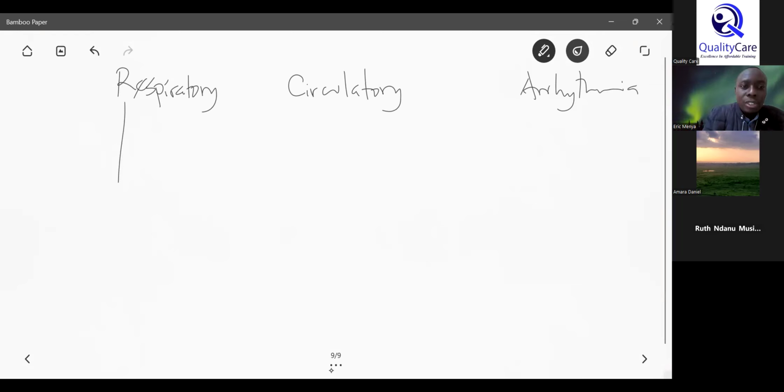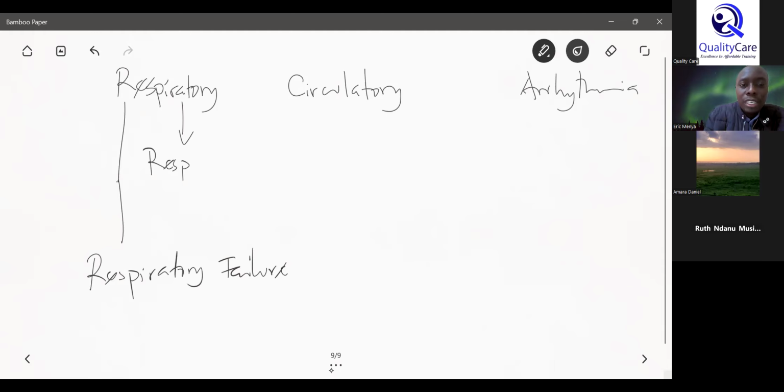Now, respiratory issues, the patient could be in respiratory failure. So you must be capable of identifying respiratory failure. Or they could go into respiratory distress, and if nothing is done about it, they get to respiratory failure.